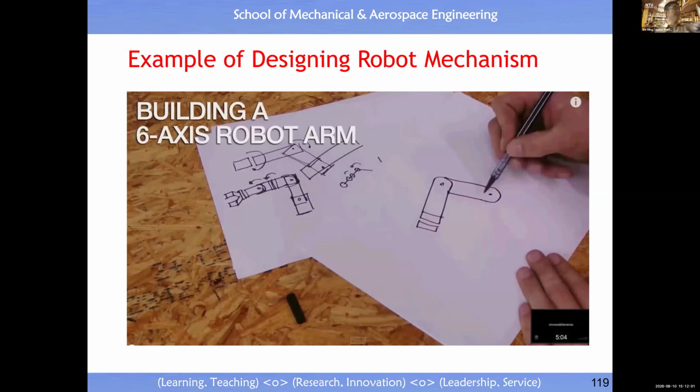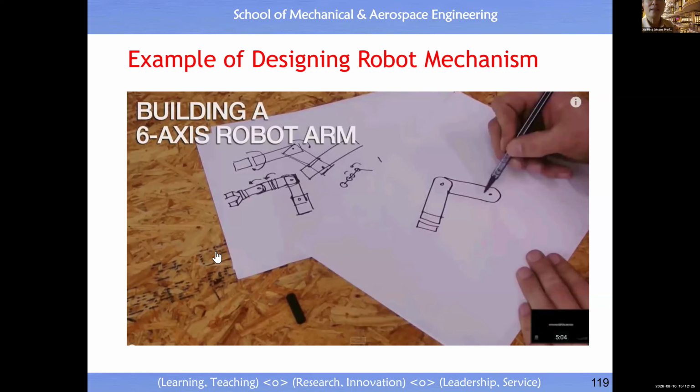I will play a little bit of this video to give you a full picture of the whole cycle for you to design a robotic system: vision system, assembly, testing. If you follow this video, you are actually able to implement a robotic project from scratch.